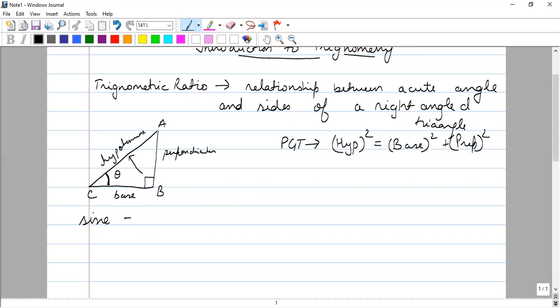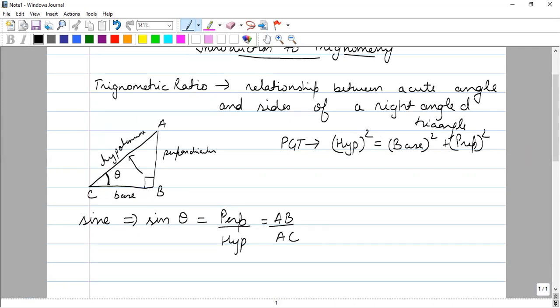Sine in short form is written as sin. Sine theta is equal to perpendicular upon hypotenuse. In the given situation, perpendicular is AB and hypotenuse is AC.